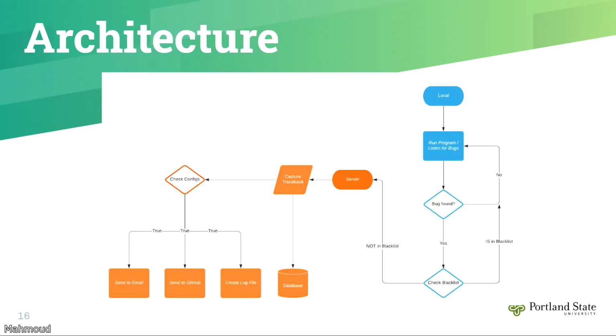In addition, the server program is designed to check the config file set by the user prior to the execution, to include whatever user configuration was put together to send the bug information. The user can configure the bug info to go to GitHub as well as to send in an email. Important to highlight, a log file will be generated to capture all necessary debugging logs for the entire execution lifecycle.